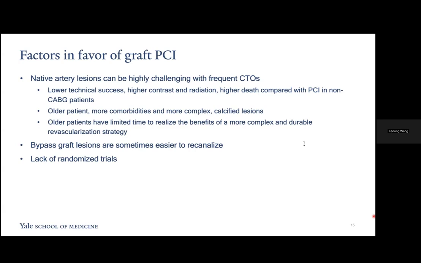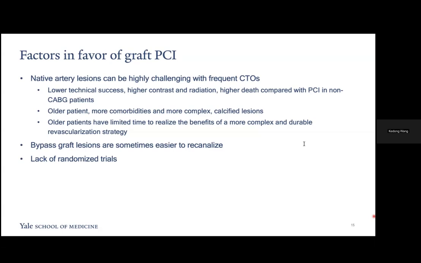And a recent meta-analysis shows that CTO PCI of native vessels in prior CABG patients tend to have lower technical success rate and higher contrast and fluoroscopy use compared with regular run-of-the-mill CTO PCI of non-CABG patients. Generally, these patients are older, they have more complex comorbidities and calcified lesions.